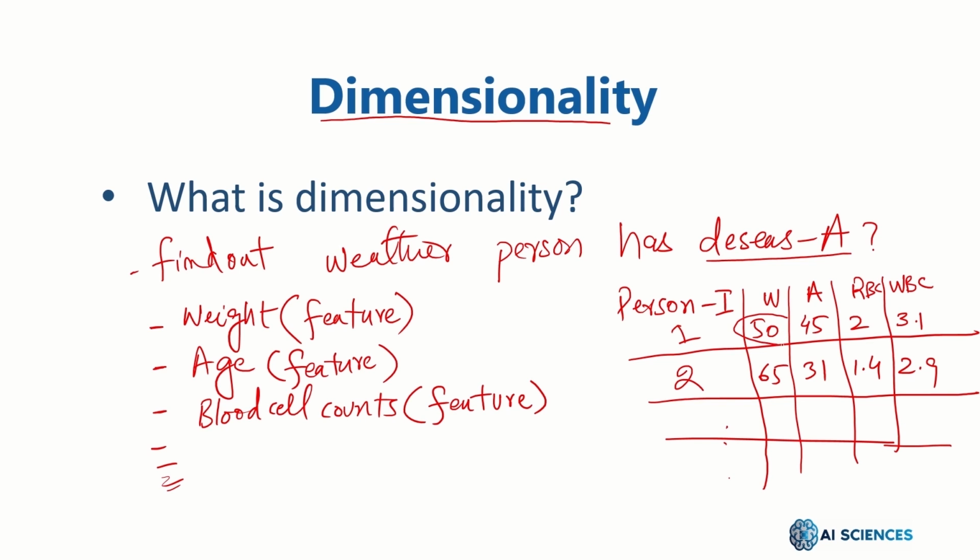The number of features that we are basically carrying out to categorize this particular disease, this number of features is called the dimensionality of the data. In this particular case, the dimensionality of the data is 4 because these are 4 features we are working on. Based on these 4 features, we are going to decide the type of the disease.